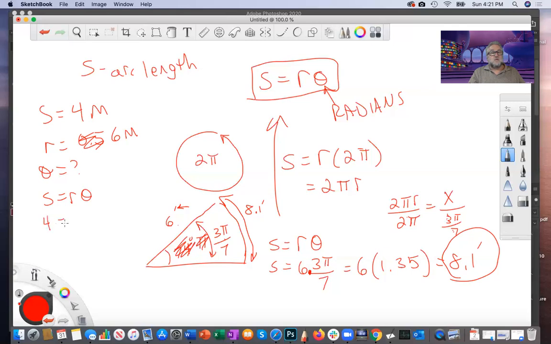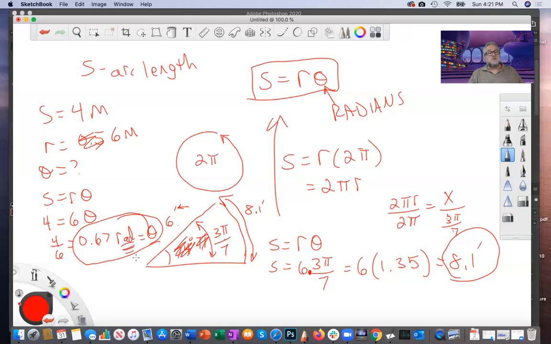So 4 equals 6 theta. 4 over 6, which is 2/3, about 0.67 radians, equals theta. Theta comes out in radians.